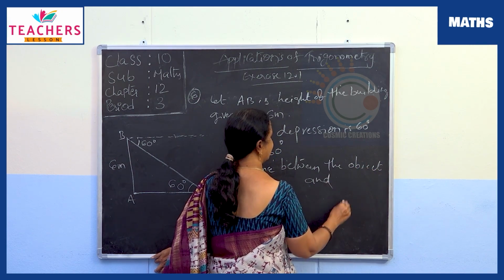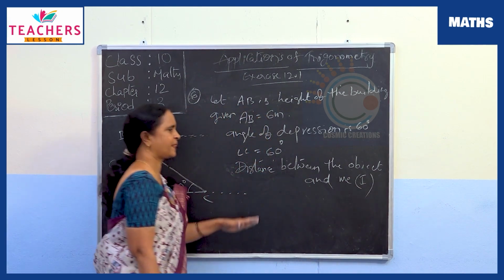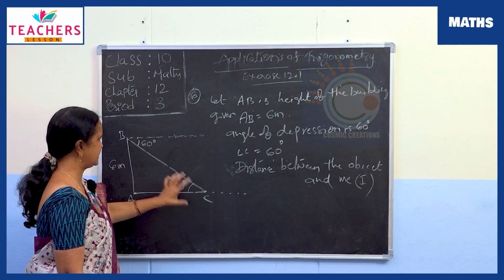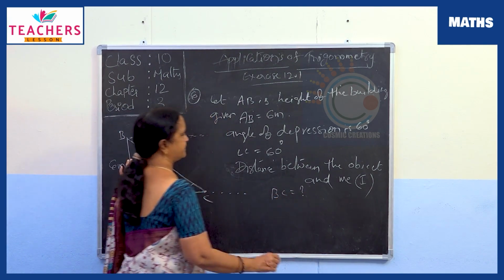This is the distance. We need to find BC. BC is equal to how much?